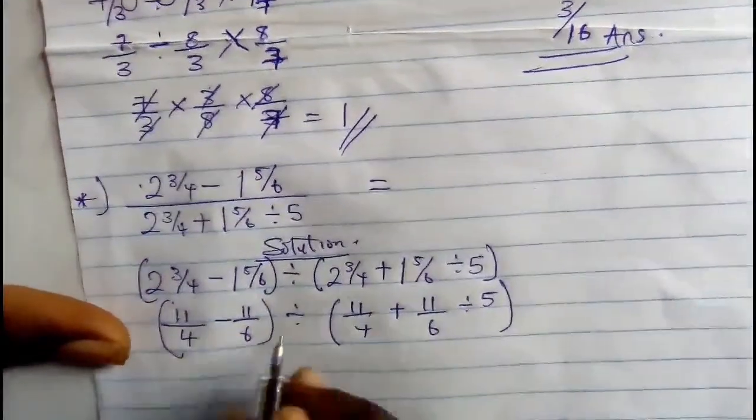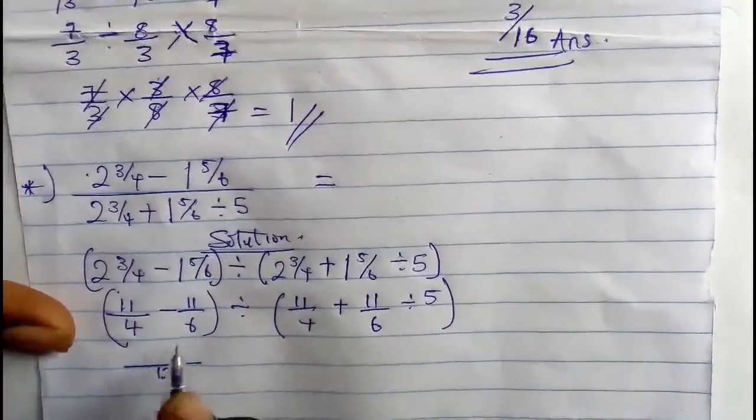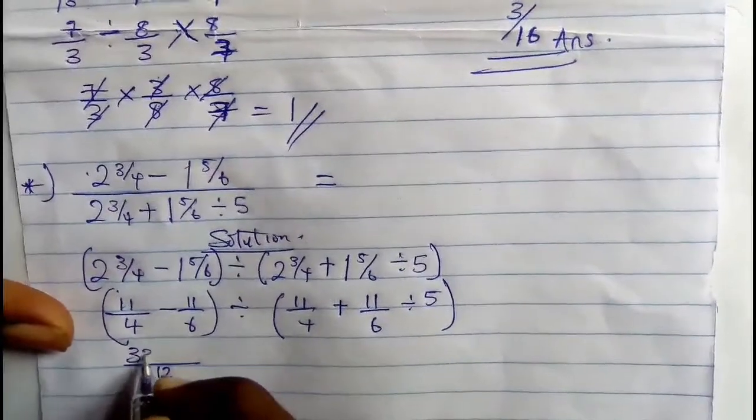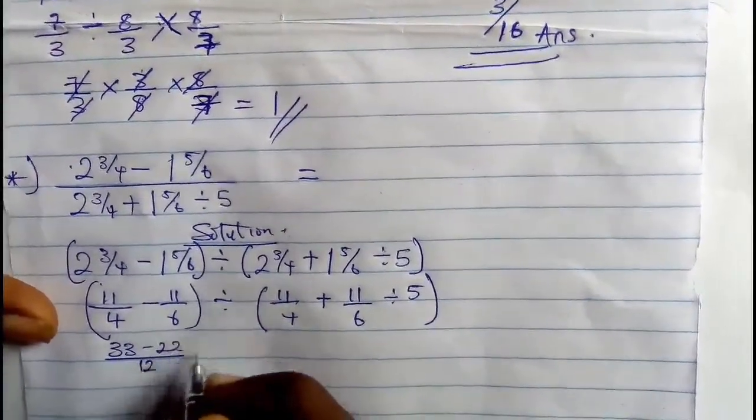If we simplify this, what's the LCM? The LCM is 12, and 4 going into 12 times this will give you 33, while 6 going into 12 times this will give you 22.